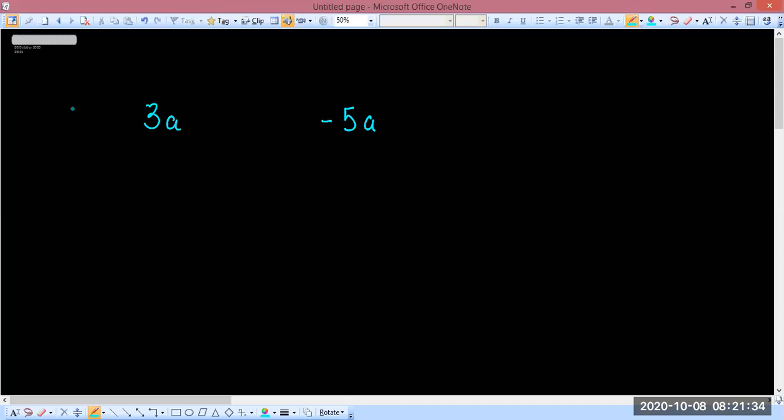So ideally it should have been something like this. Right, so yes, the answer is 180 degrees, correct? The angle between these two is 180 degrees.